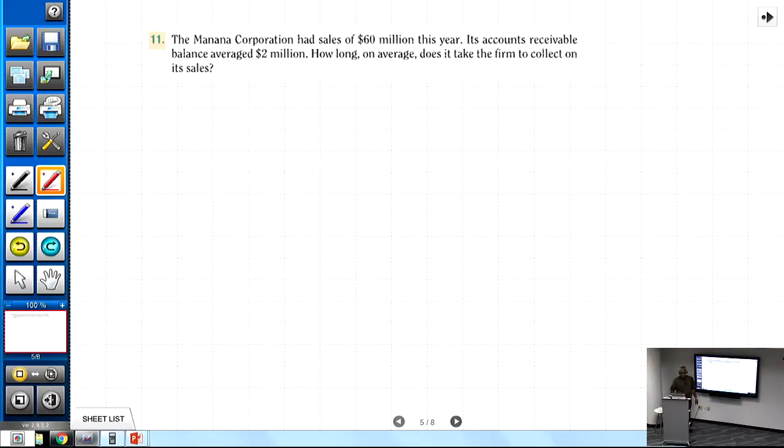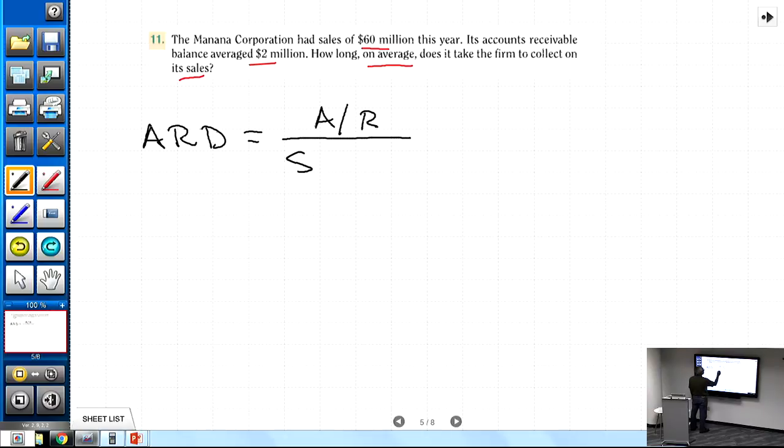Take a look at problem number 11. It has sales of 60 million. Accounts receivable is 2 million. How long does it take the firm to collect on its sales? That means we are being asked to calculate accounts receivable days, which we know is accounts receivable divided by sales divided by 365.